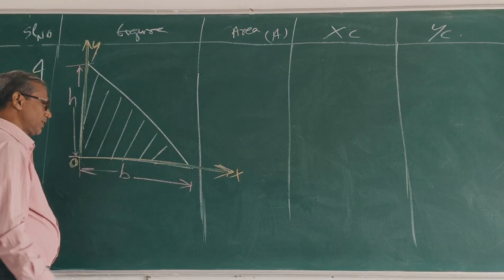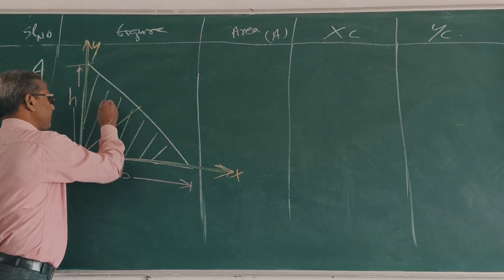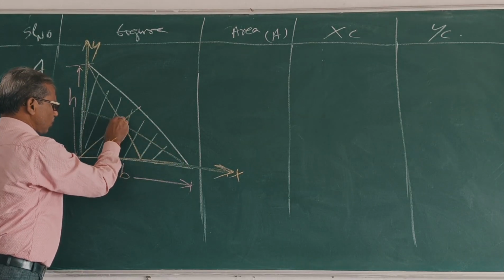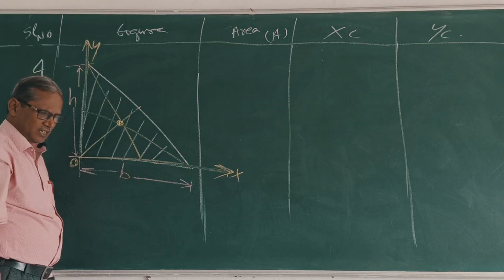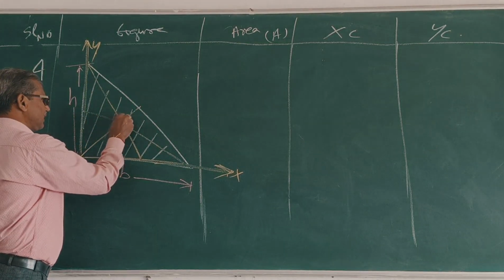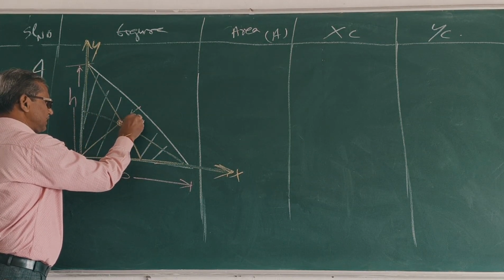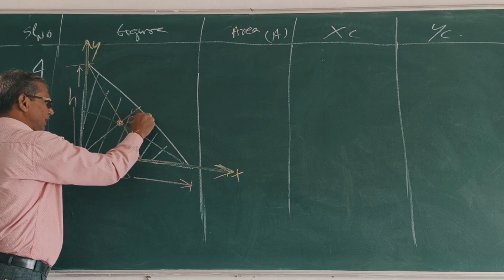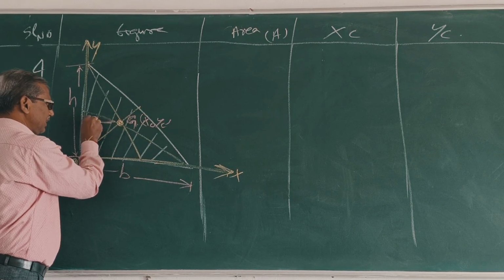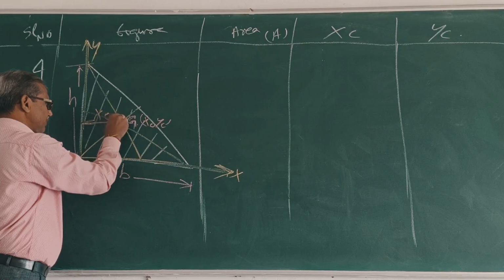This is one median, this is another median, this is another median. All these medians cross at point G. This point is G, so this is the CG of the figure. What is the coordinate? XC, YC. So this is XC, this is YC.